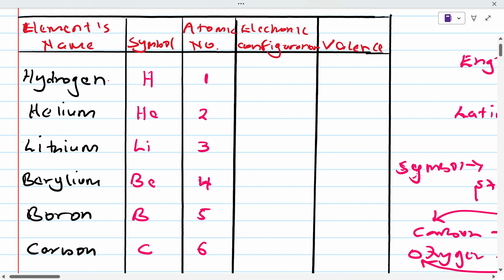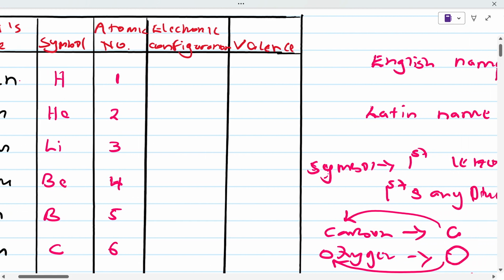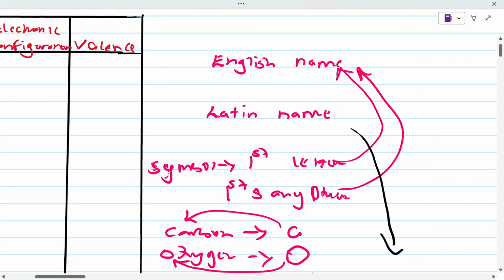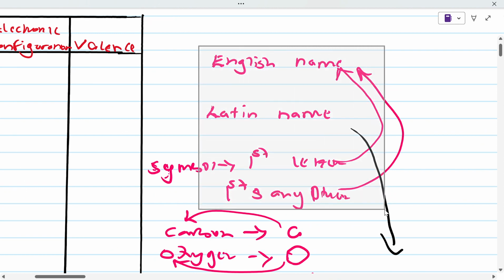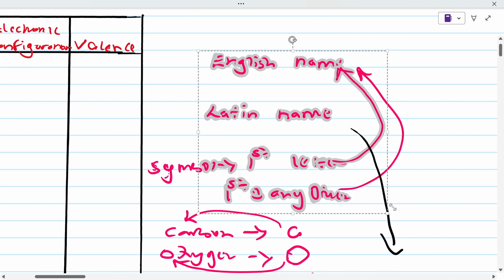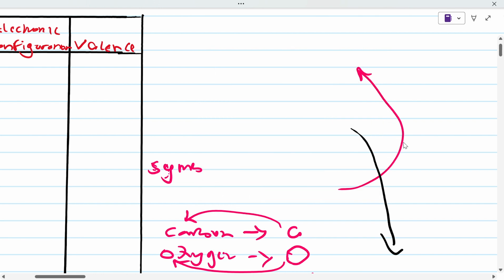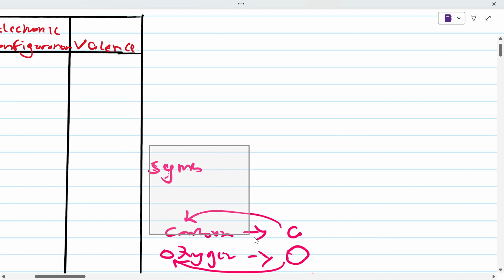Now, before I move to the electronic configuration column, there's something I still want to explain. I want to explain another thing that is very key. So I'll erase this area because I need it to explain a certain concept here.